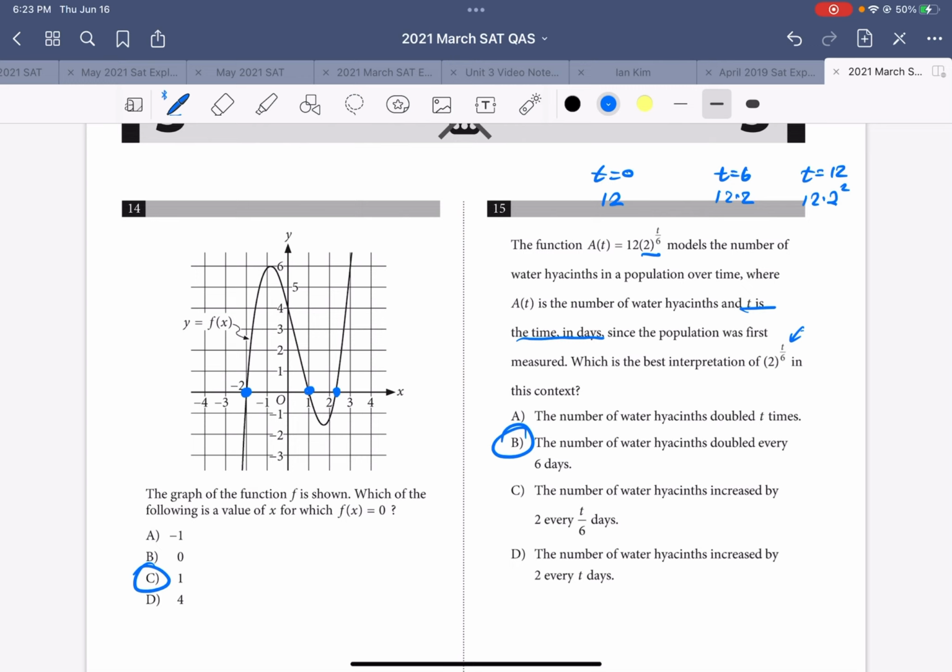So the number of water hyacinths doubled every 6 days. That's what it means. Okay, we can move on. But this one, increased by 2, cannot be the answer, because that means plus 2, which would be linear. So it cannot be that.